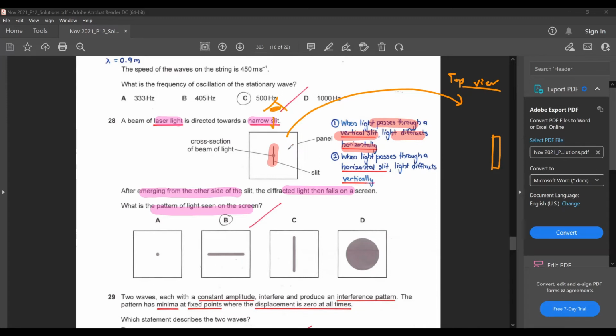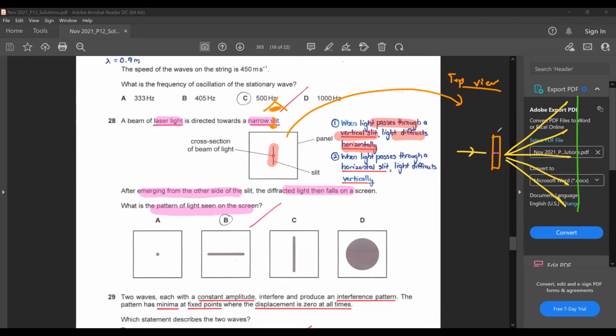So you have a line here, which represents a vertical slit. If you shine a beam of light in this direction towards the vertical slit, and then you place a screen behind, that light is going to diffract something like this.